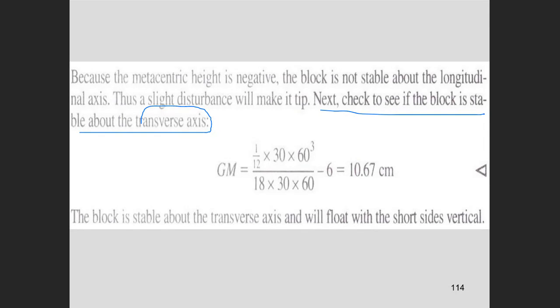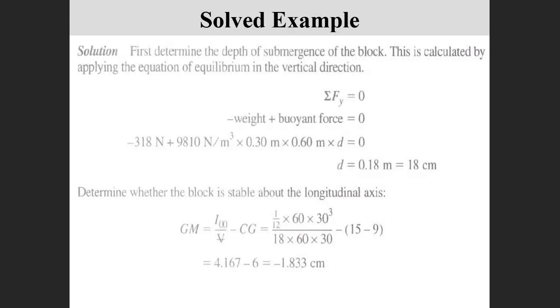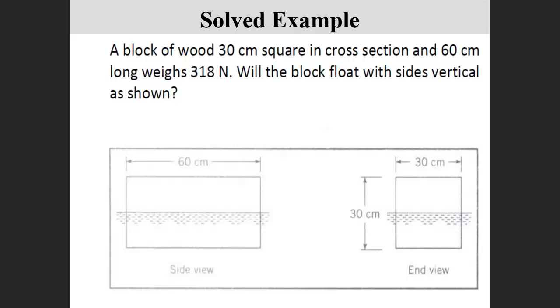Okay, now look carefully here. This is the volume, right? And this is the second moment of inertia. There is no problem. The issue comes with CG. If you put it horizontal, this is 18, right?